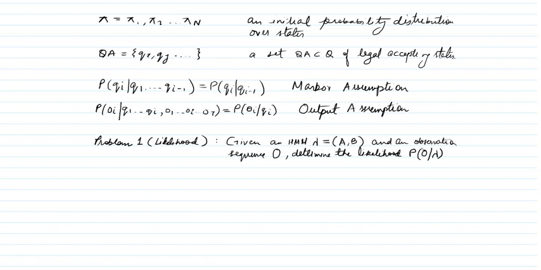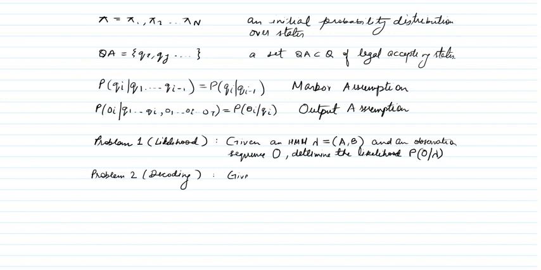There is a slight difference between likelihood and probability. Problem 2 is decoding. What does it mean?